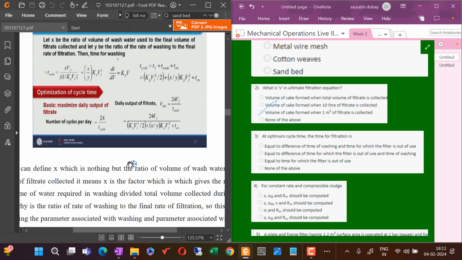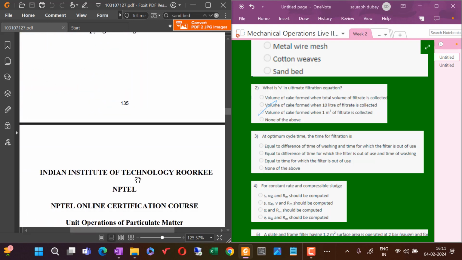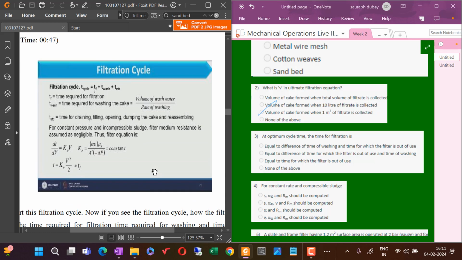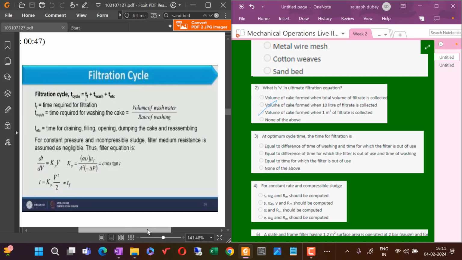So this is the filtration cycle. So what is the filtration cycle? T filtration plus T wash plus some other time.